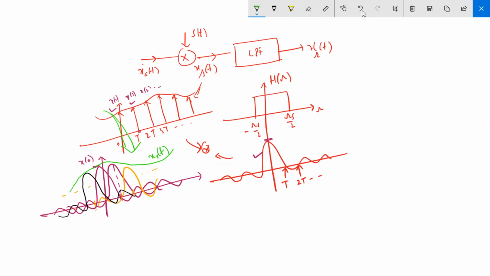So this is how you reconstruct the signal from its samples. And if you have satisfied the criterion f_s greater than twice f_max, you can be assured that there is only one signal that will be recovered. You are not getting the aliasing components in this case.